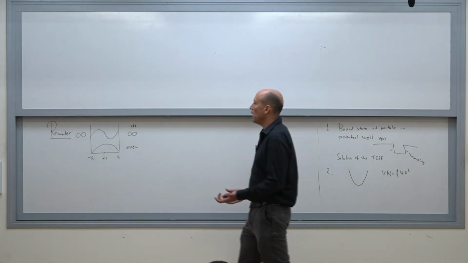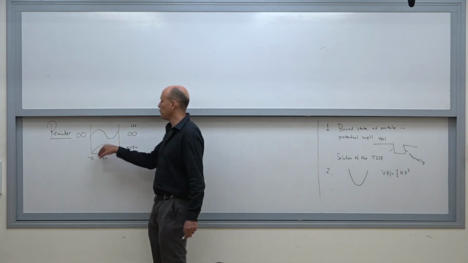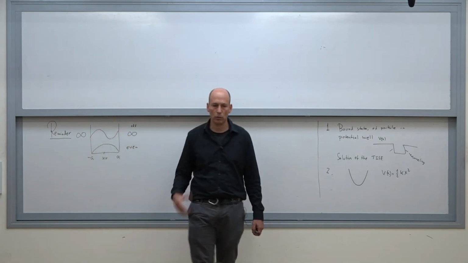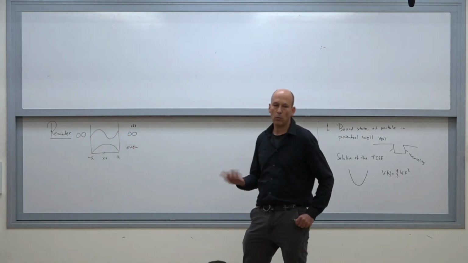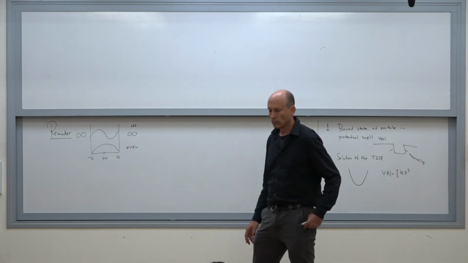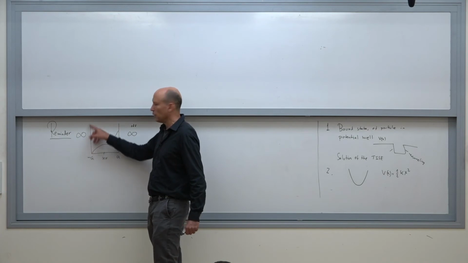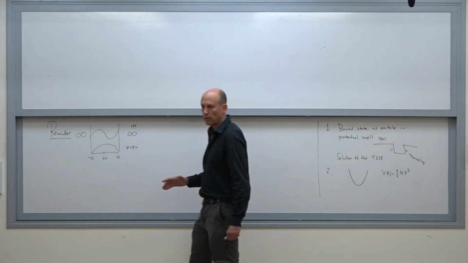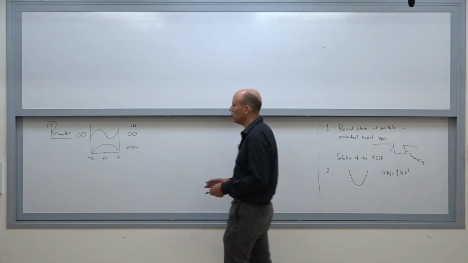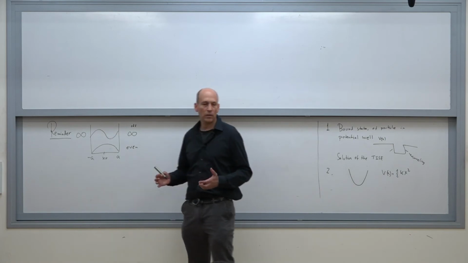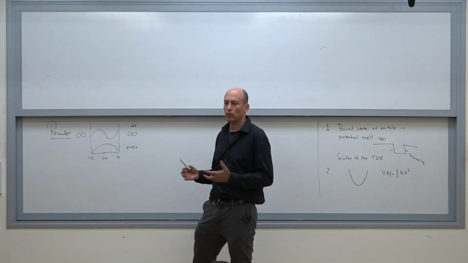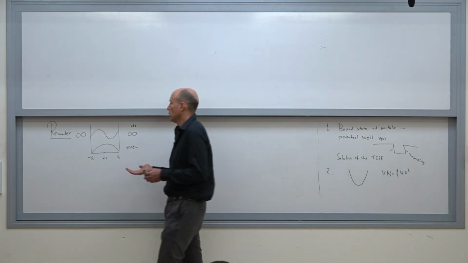Now, why did we find such type of solutions for the wave functions? What is this related to? It's related to the fact that the potential itself is symmetric. If I had a potential which was not symmetric, then this property naturally would not occur because there is no symmetry.